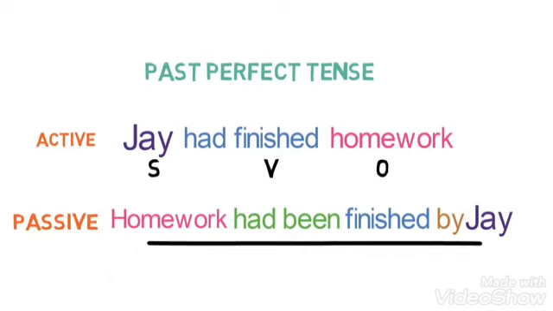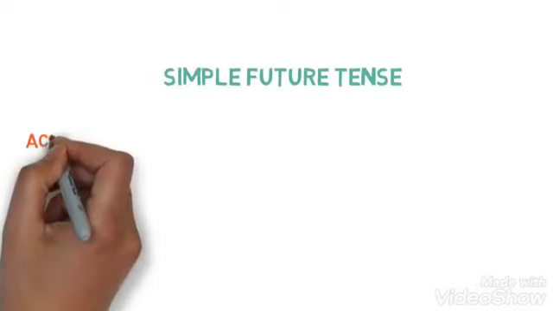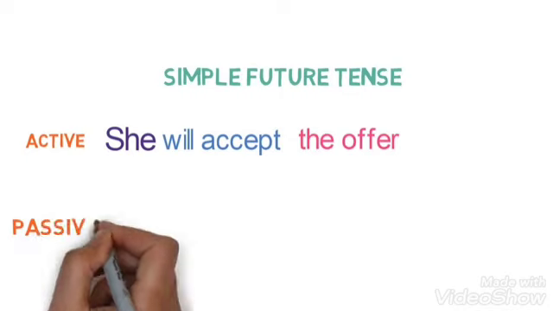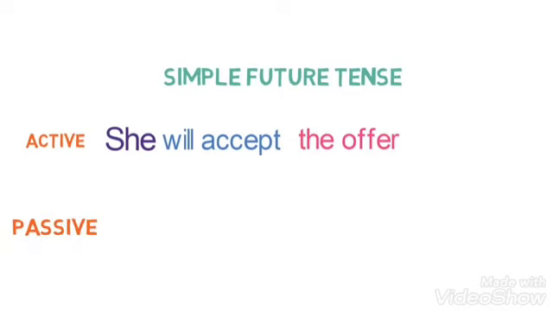The next example is simple future tense. Active sentence is "She will accept the offer." Here identify the subject, verb and object. Swap subject to object.